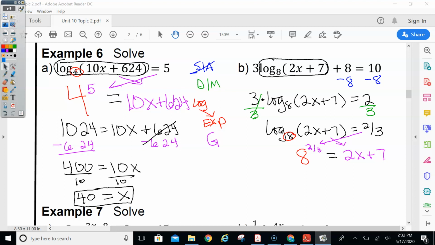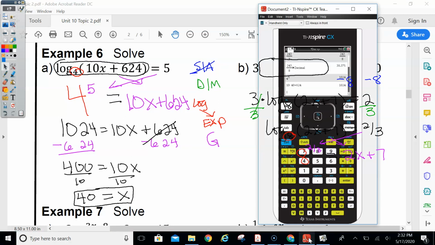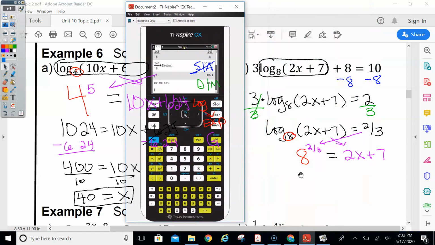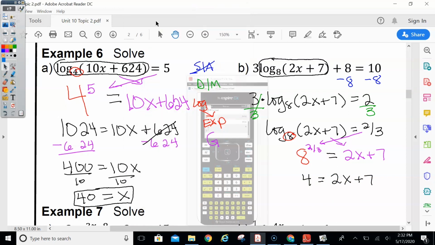So again, this one you can just figure out by rewriting it in the other form, or you can just come over here to your calculator and say what is 8 to the 2/3. So we get that that's just 4. So 4 equals 2x plus 7. And then you just finish solving for x.